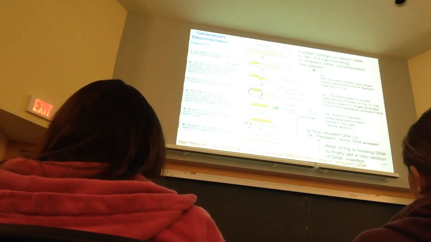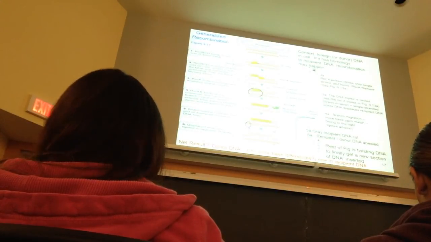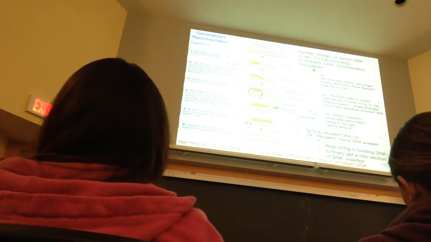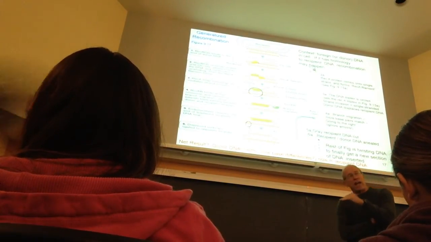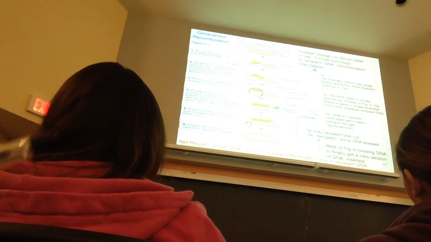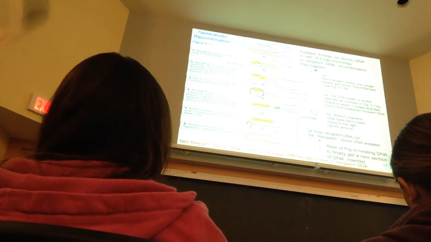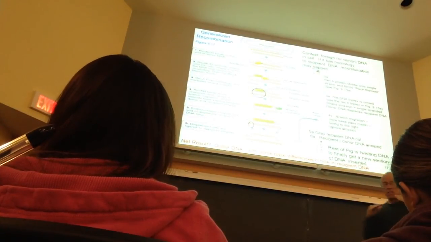Okay, so this is what we are also talking about, this RecA filament, where in the presence of single-stranded DNA, RecA colonizes it, for lack of a better word, and then is involved in the DNA displacement.